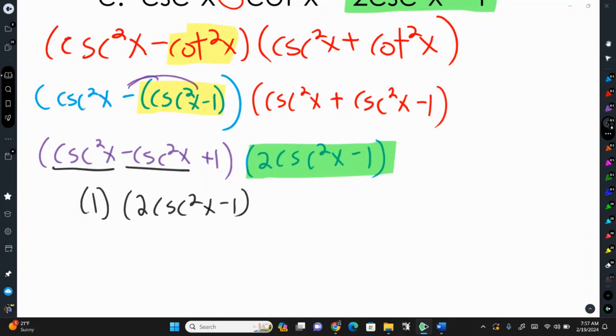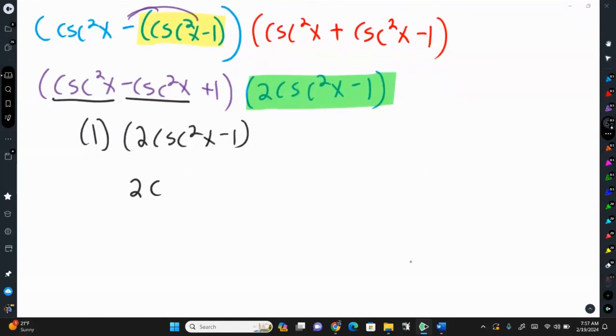Well, 1 times anything is just what we started out with, which is 2 cosecant squared x minus 1. We verified that identity. So we have to look at what we're given, and we then have to look at where we're going. What do we need to get?